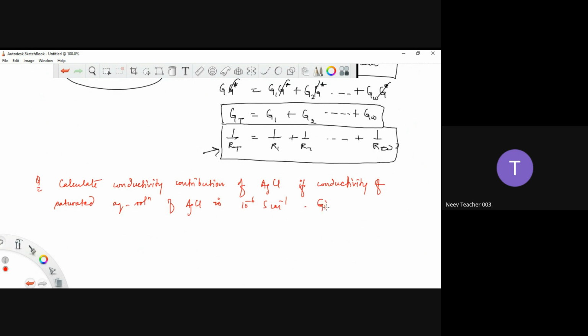And given that conductivity of water is 5 into 10 to the power minus 8 Siemens centimeter inverse. Yes, tell me. So what will be the conductivity contribution of AgCl? Give the answer.